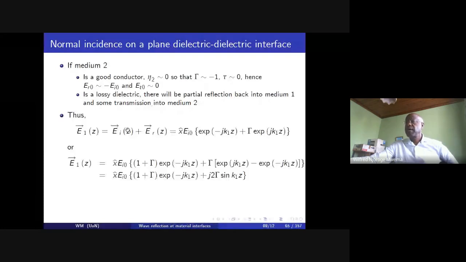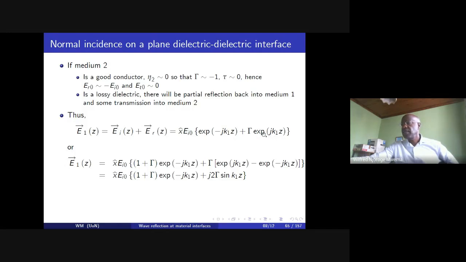And therefore, if we were to add those two values, we can do the following. We can write the electric field intensity, as we saw it before, in two forms. We know the value of EI0, and we know that EI0 multiplied by gamma gives us ER0. And therefore, we can always take the EI0 out, and we have just the exponent of minus jk1z plus gamma exponent of plus jk1z.